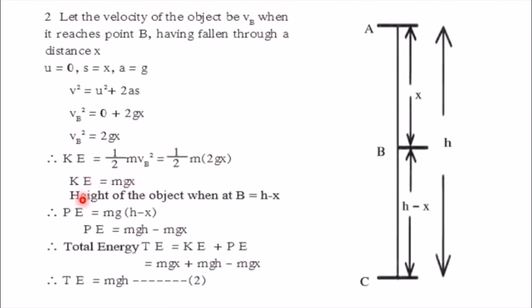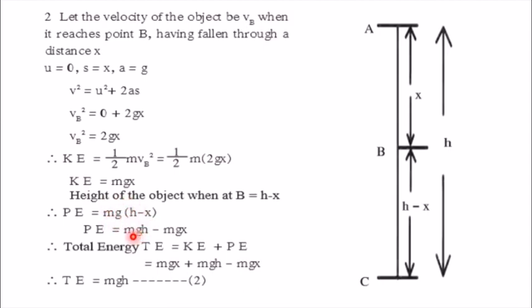Next we need to find out the potential energy. When the object is at point B, we can write PE is equal to mg(h minus x). That will be our height, that is when you subtract x from h, we get that particular height. Now we open the bracket and multiply mg into h and mg into x.